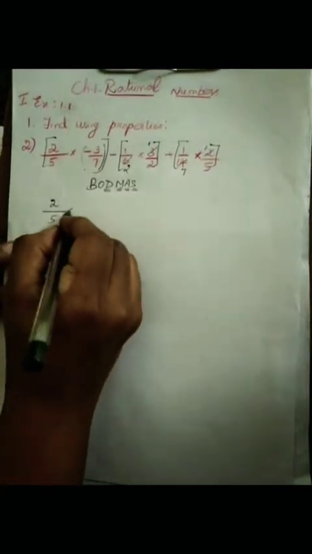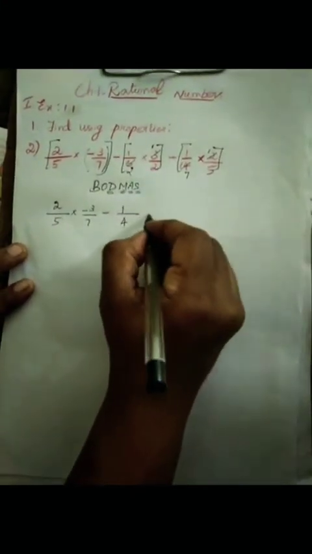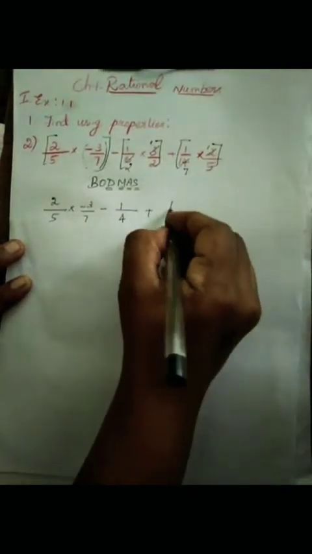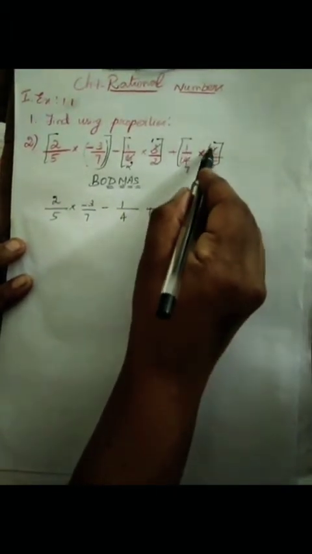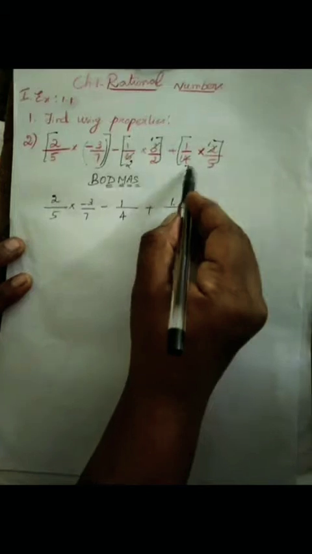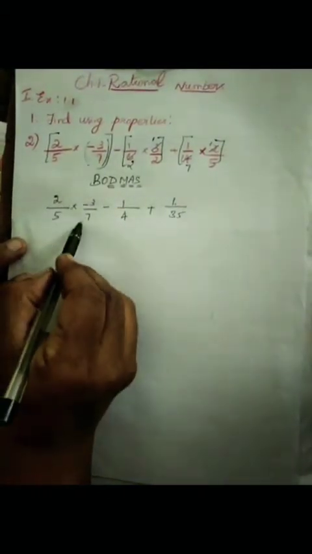So 2 by 5 times minus 3 by 7, minus this will become 1 1s are 1, 2 2s are 4, plus this will become as 1 1s are 1, multiplying the numerator, 1 times 1 is 1, 7 times 5 is 35. Here I didn't do any cancellation, so I have to multiply as such. 2 3s are, that is 2 times minus 3 is minus 6, 5 times 7 is 35.